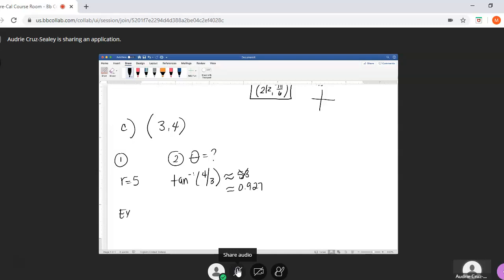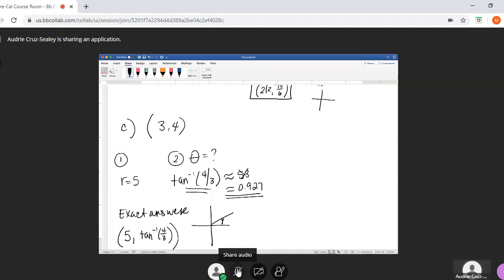So watch this, you guys. If it says exact answer, because I don't see anywhere in here where it tells me to round, if it tells you to round, then you're fine. But if it says exact answer, you know that you're in quadrant 1. When you put this in your calculator, it gave you something in quadrant 1. So how you would put in your answer is 5, comma, tangent inverse of 4/3.